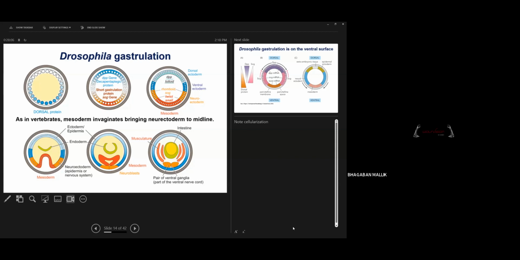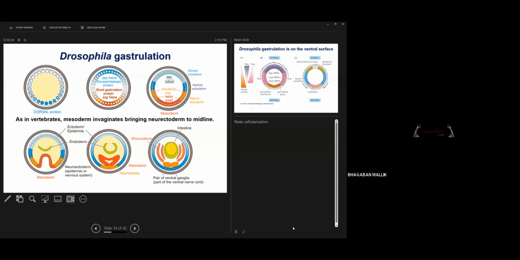On the ventral side, you have the Sonic hedgehog that I talked about in the last slide. You also have accumulation of the short gastrulation protein. After that, you have the formation of structures called the dorsal ectoderm, ventral ectoderm, or neuroectoderm, and also the initiation of the mesoderm.